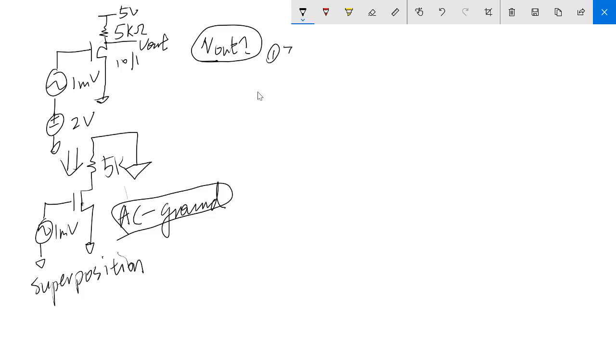Let's do it. IDS equals to what? Beta n over 2 times VGS minus VTH n, squared. What is beta n? Beta n is 120 micro per voltage square, from the model you can find it, over 2 times 10 over 1. That's beta n over 2.